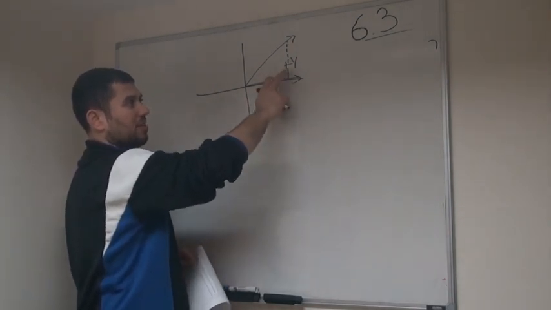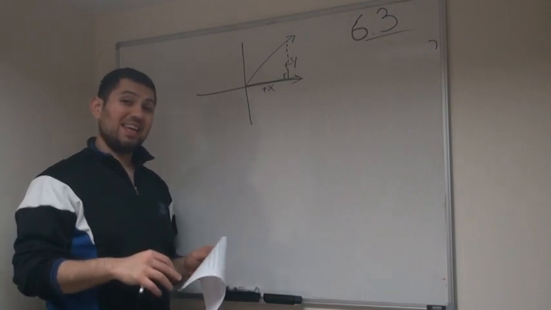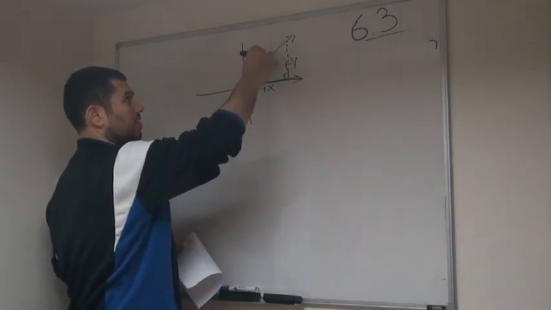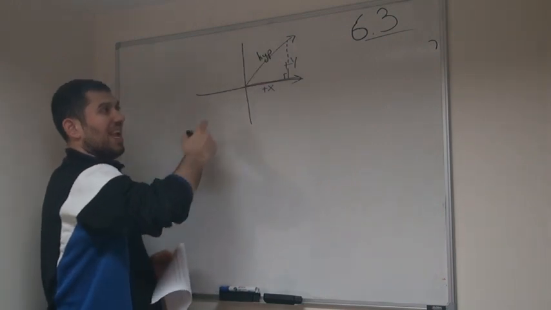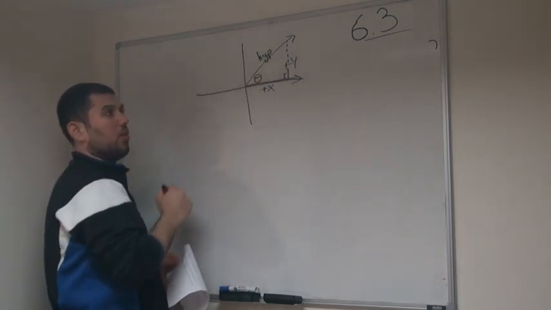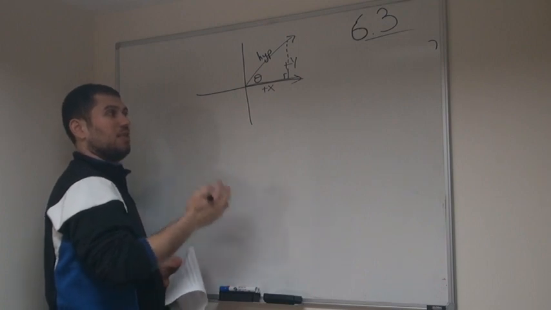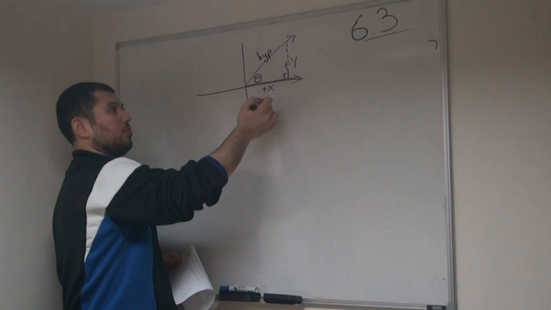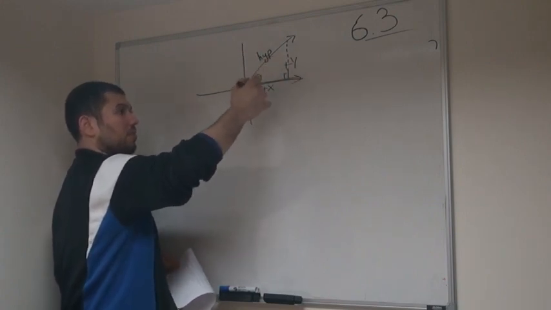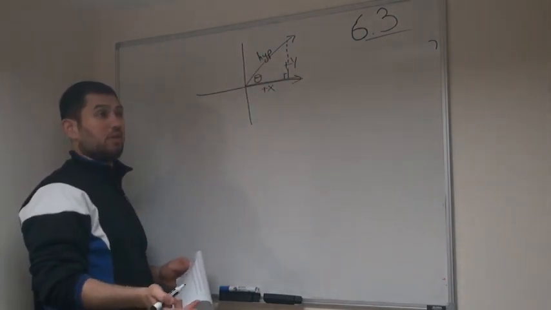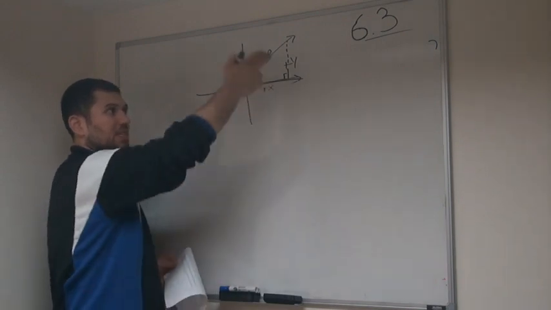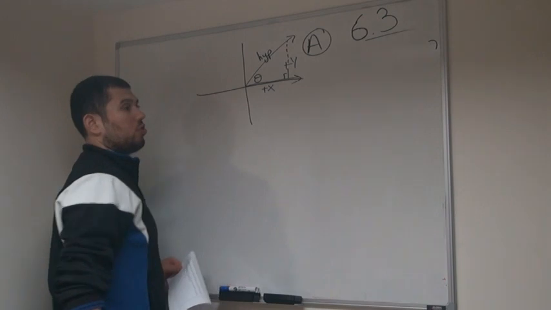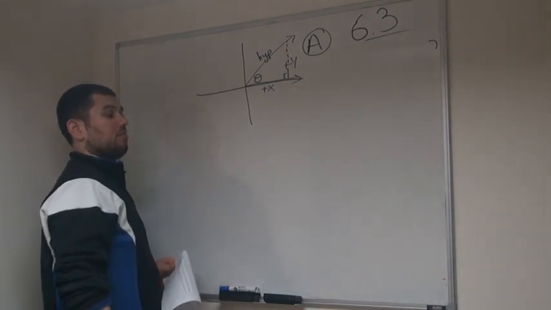So if I'm squaring this and squaring that and adding it, I'm always going to get a positive result. So the hypotenuse is always positive. But if I take any trig ratio of theta in quadrant 1, whether it's sine, cosine, tangent, cosecant, secant, cotangent, opposite over hypotenuse, adjacent over hypotenuse, opposite over adjacent, or any of the reciprocal functions, they are always going to be positive because everything is positive. So here we put an A for all trig ratios are positive.